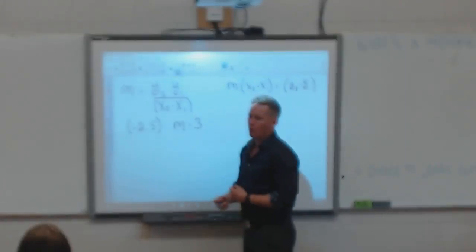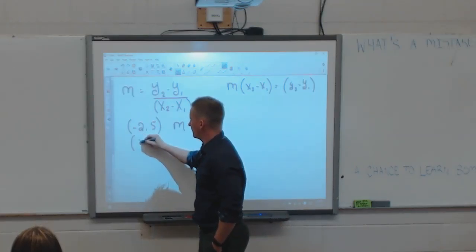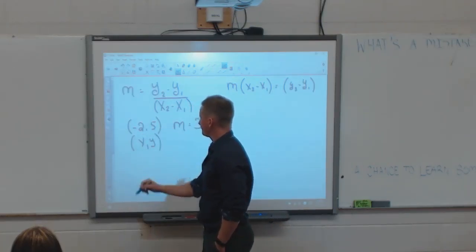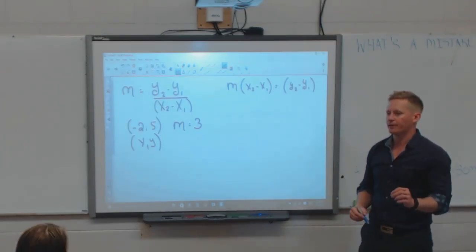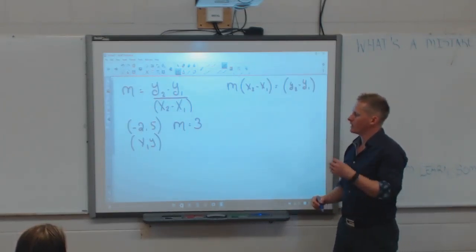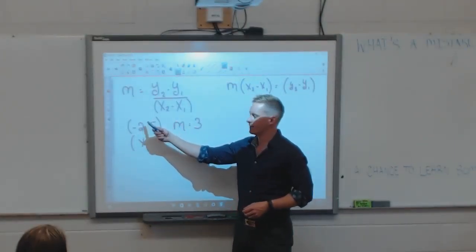So to do that, I'm going to make another point. I'm going to create one that's going to represent any other coordinate on there, and that's (x, y). So that'll represent any other coordinate on the graph.